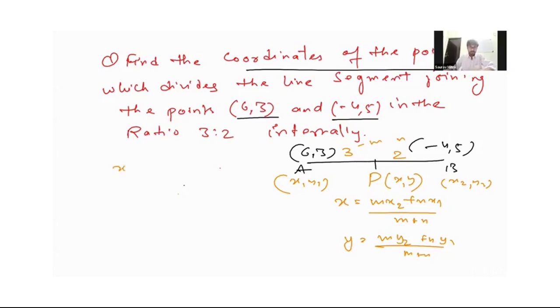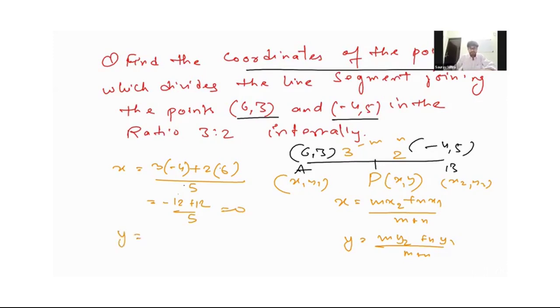So what is your x value? 3 into minus 4 plus 2 into 6, upon 3 plus 2, that is 5. So it will be minus 12 plus 12 by 5, which is 0.